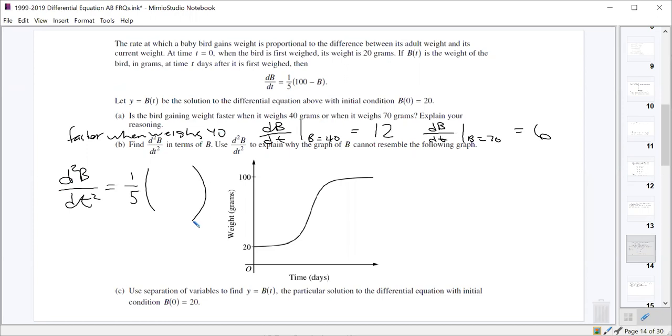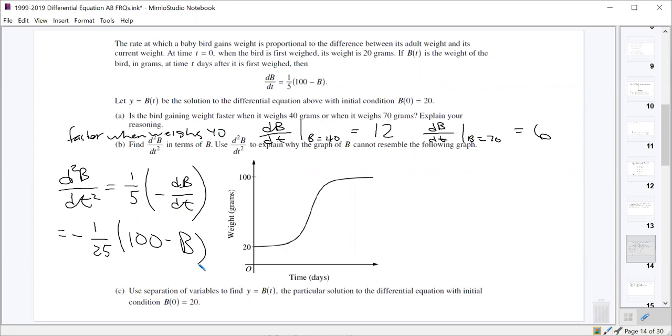The derivative of the 100 is 0, and the derivative of the negative B is negative dB/dt, which gives us a second derivative of negative 1/25. That's the 1/5 times the negative 1/5, then 100 minus B.